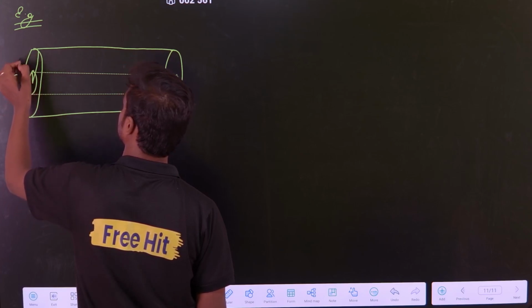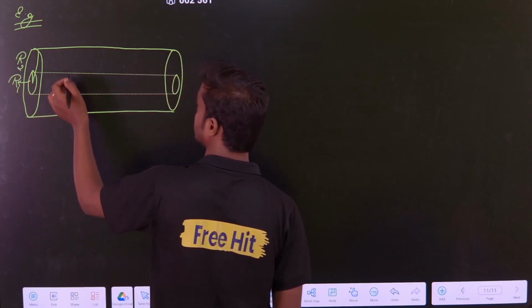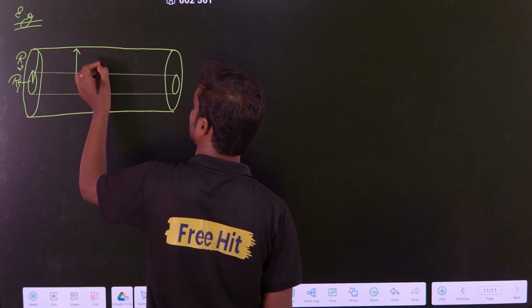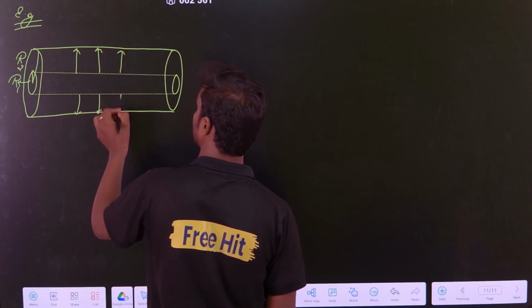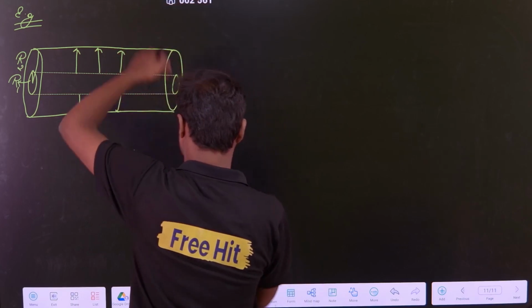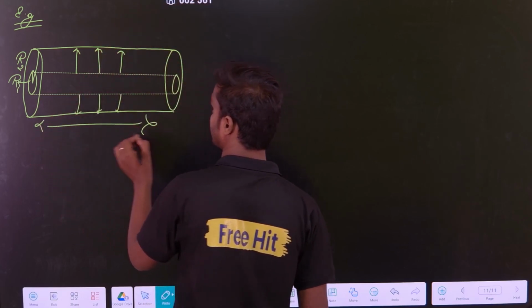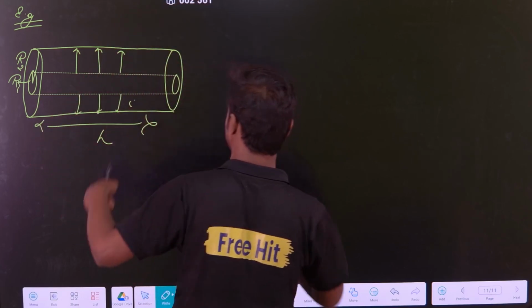And this bigger radius is R2. Now the current is going like this, from inside to outside. The length is L.